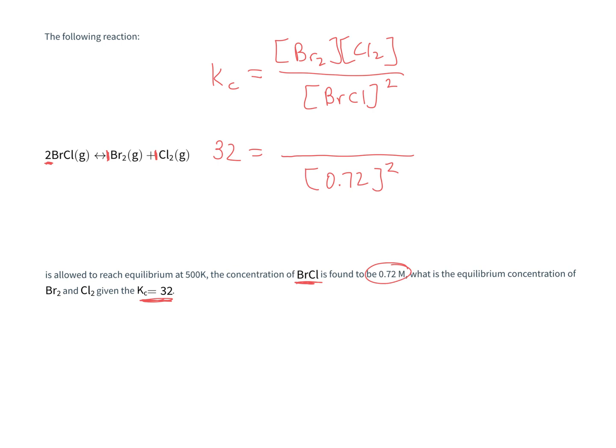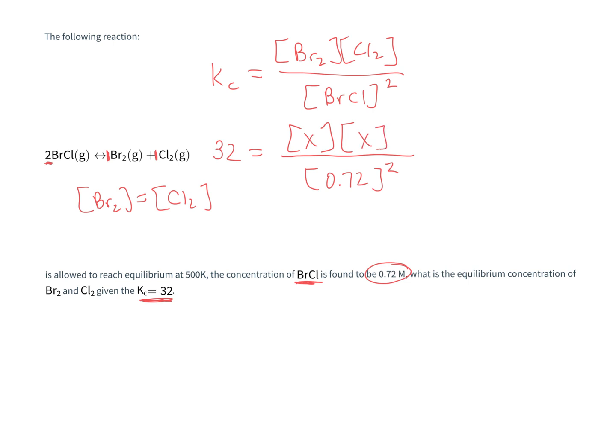I don't know either of those concentrations, but I can just call the concentration of bromine X, and because the concentration of bromine equals the concentration of chlorine, because they're formed in the same ratio, I would also call the concentration of chlorine X.